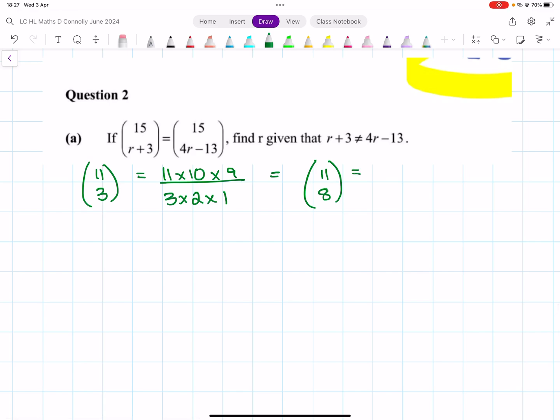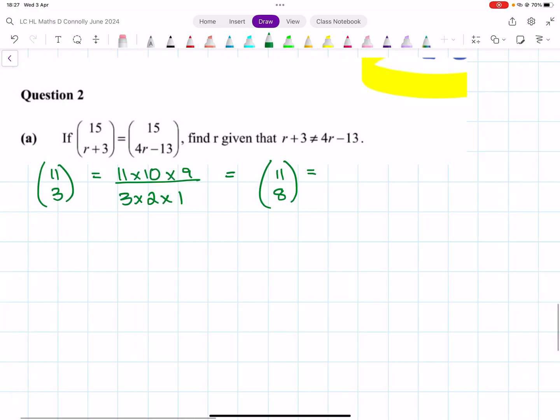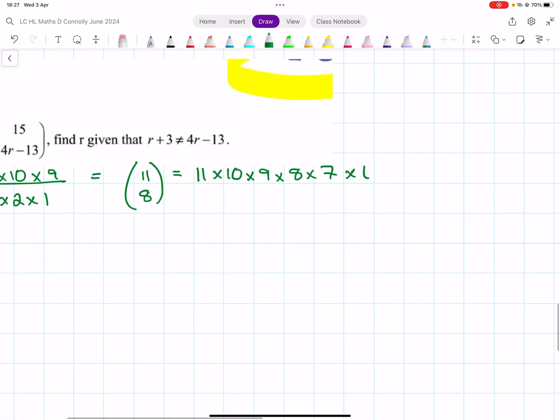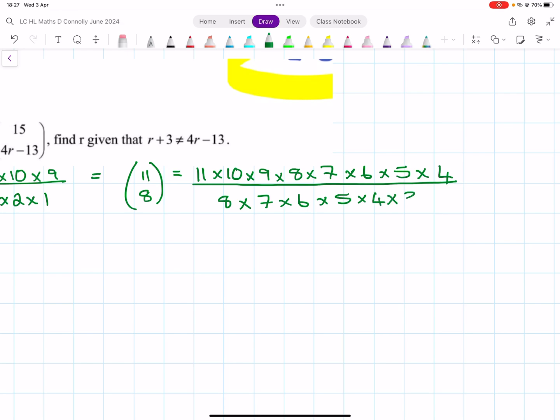Because 11 choose 8 is 11 go down 1, 2, 3, 4, 5, 6, 7, 8 over 8 go down to 1, so it's 8 by 7 by 6 by 5 by 4 by 3 by 2 by 1.